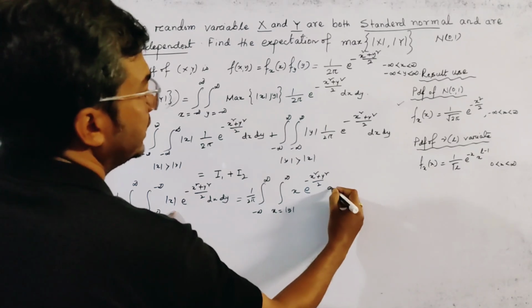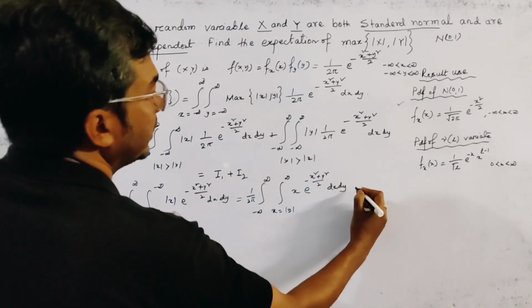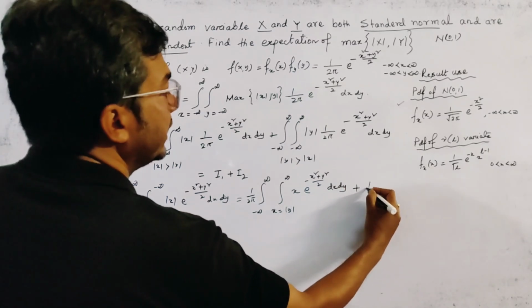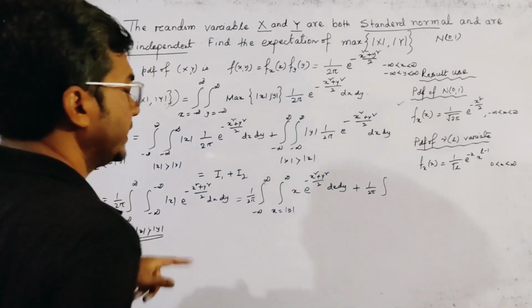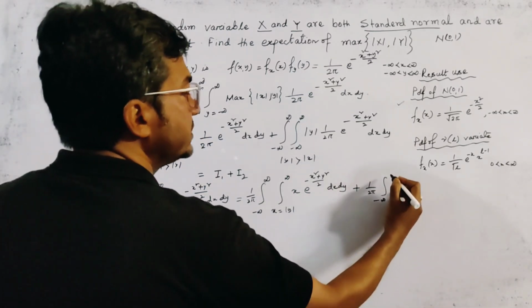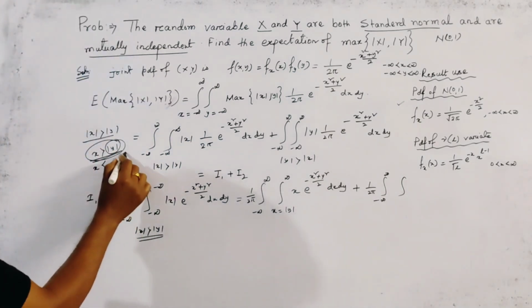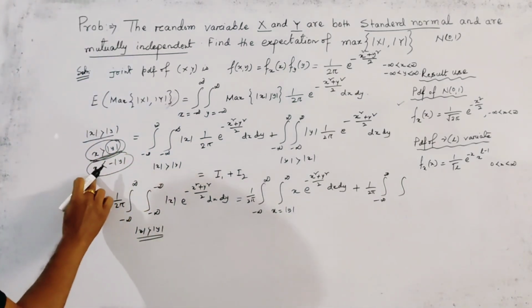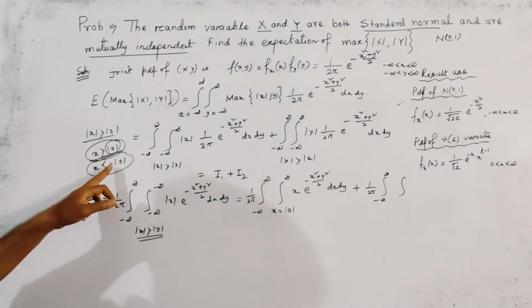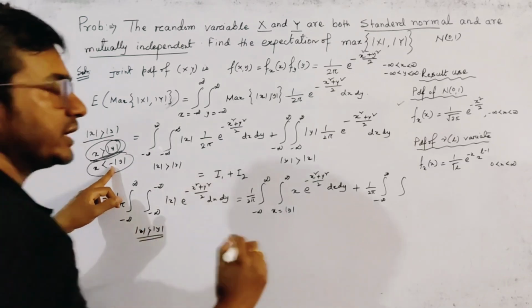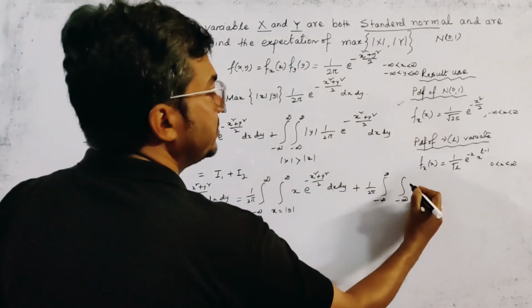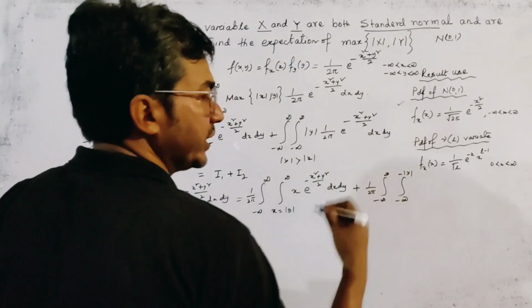This is dx dy. And again we get the integration from minus infinity to infinity, and in this case the range of x is less than minus mod y. So the range is from minus infinity to minus mod y.